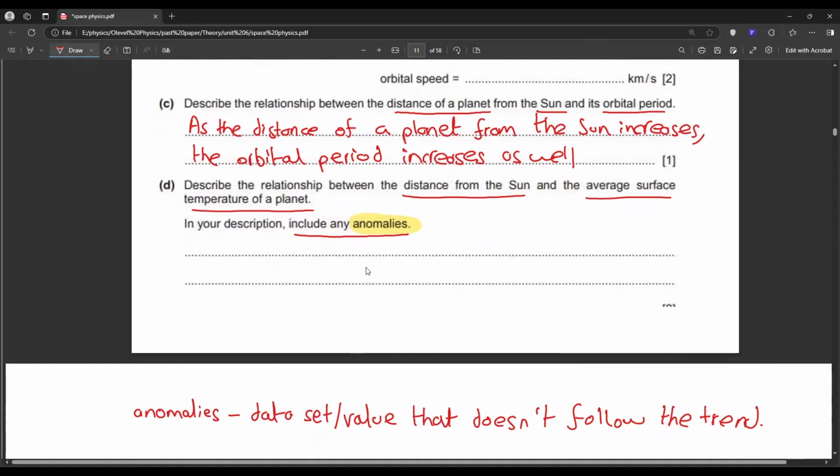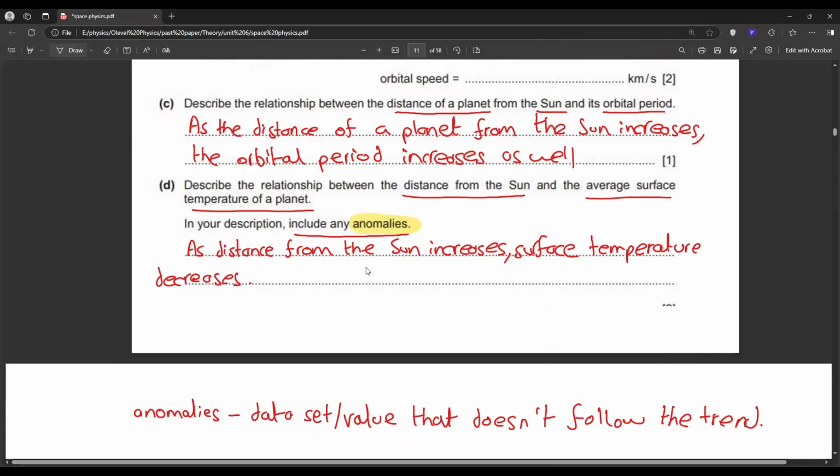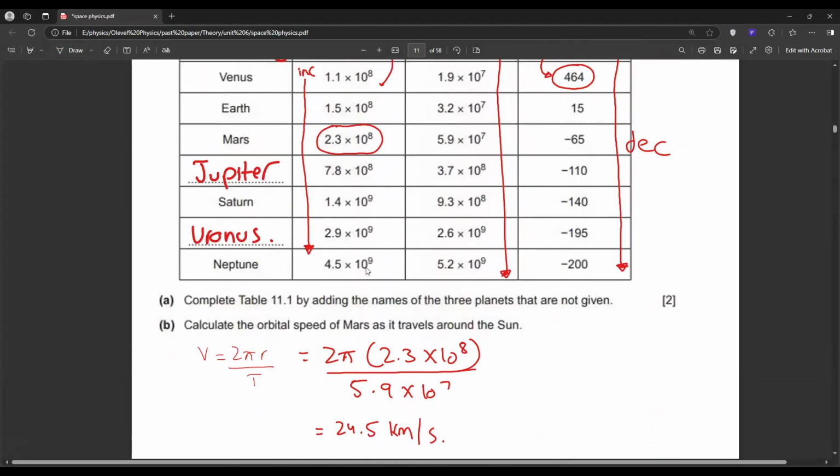How will you phrase your answer? You will say, as distance from the sun increases, surface temperature decreases. Perfect. You don't have to give an explanation, but you have to tell an anomaly.